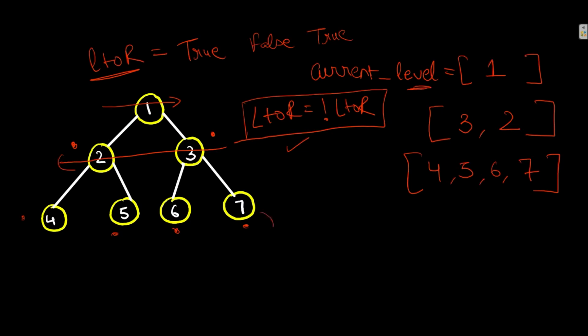If there was any other level after this, we would have filled it in the right to left manner, which means we will append the values in the left each time. Now let's see how to do this through code.